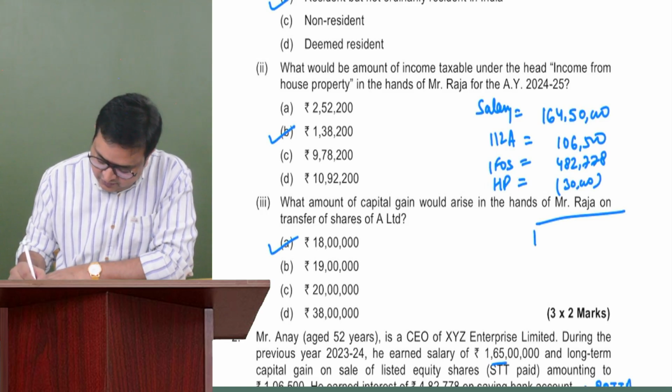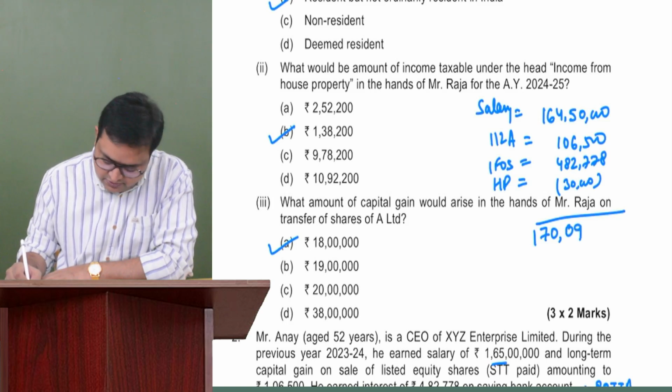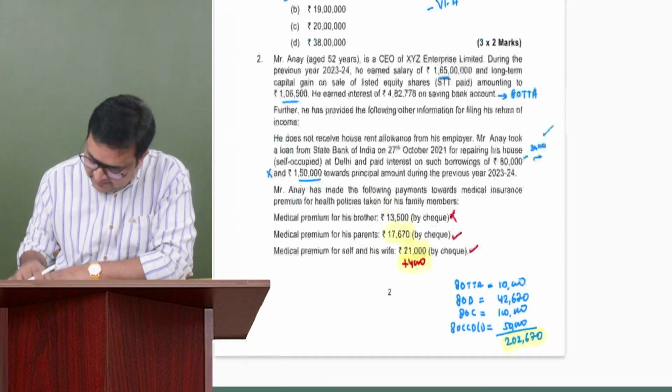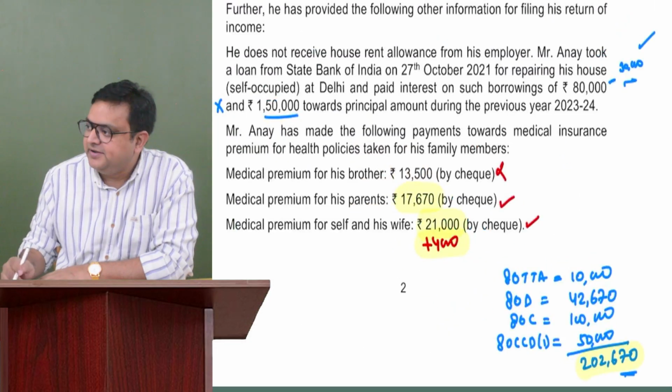So it is 170,009,278 minus chapter 6A, which we computed as 202,670.